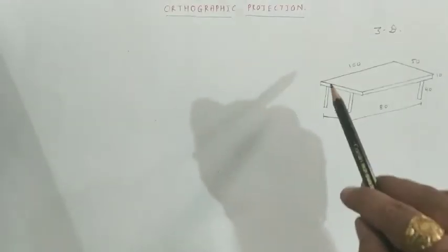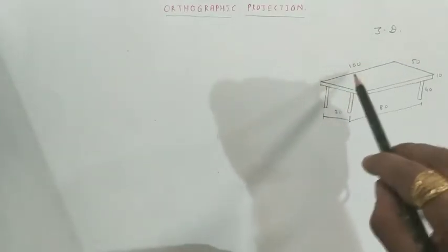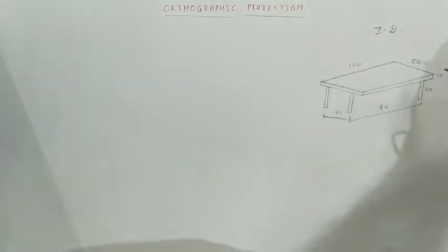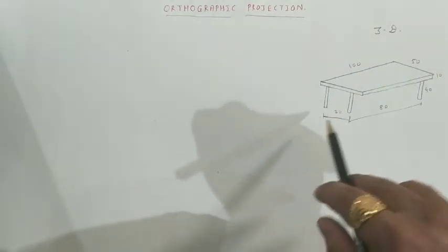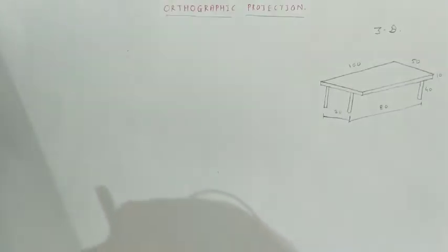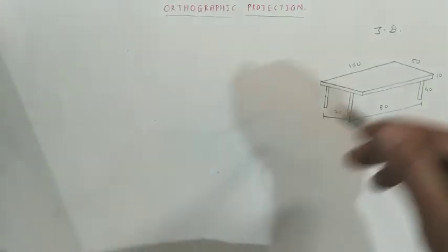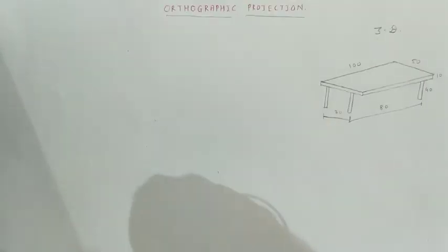Like here, if I tell you that I want a table having a rectangular top with a length of 100, width of 50, the thickness of the tabletop is 10, it is going to have 4 legs having a height of 40, and along the length it has a spacing of 80, and along the width it has a spacing of 30, and the material of the tabletop is glass and the material of the legs is wood. So this is the information I will give you orally.